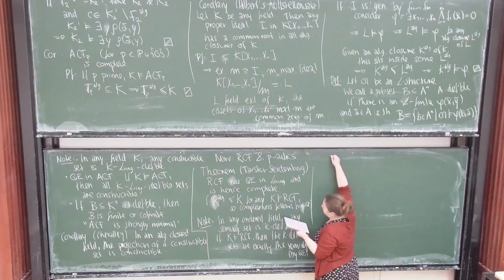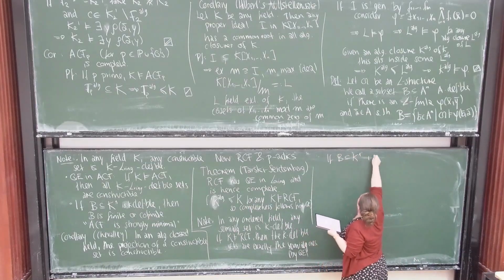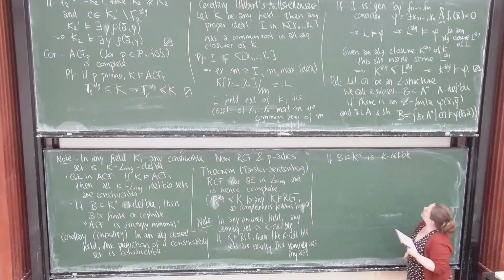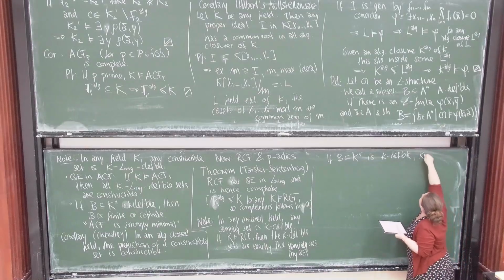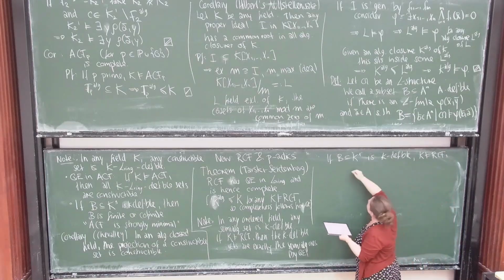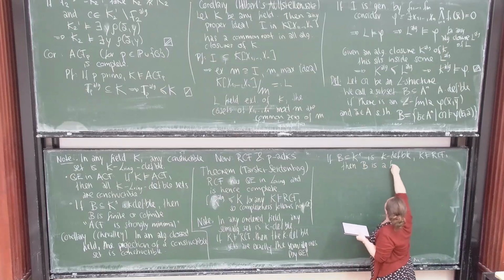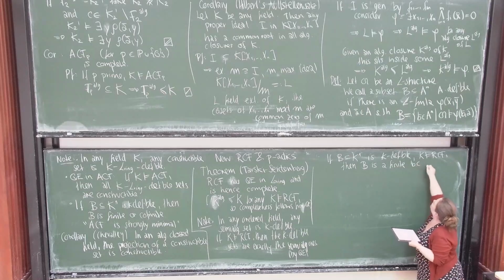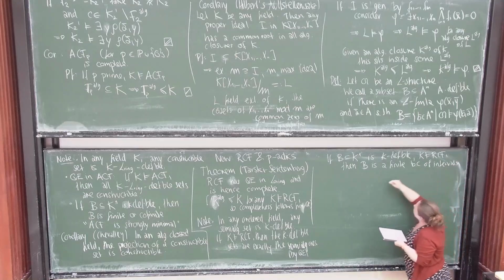So if B is a subset of the line, and K is a real closed field, then B is a finite Boolean combination of intervals and points.